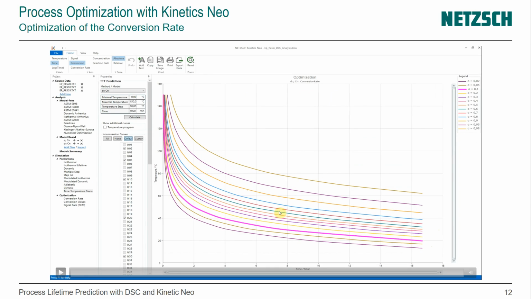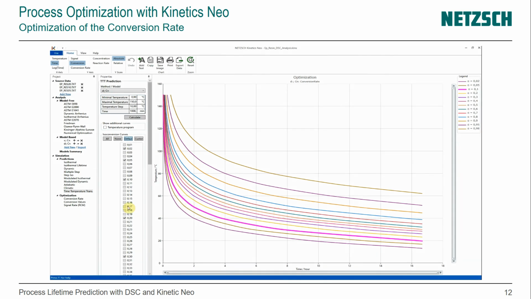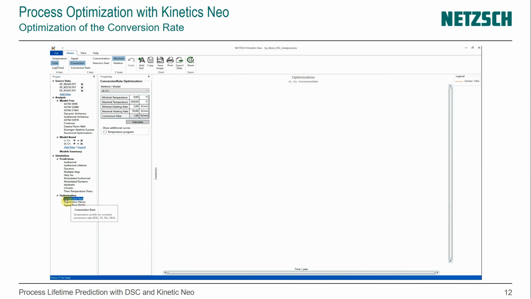The last part of the Kinetics Neo software which I want to present to you today is the optimization part. Often it is important to have a linear conversion to avoid internal stresses of a product, which can produce uncontrollable shrinkage and warpage. We insert in the middle the process data of our curing furnace.